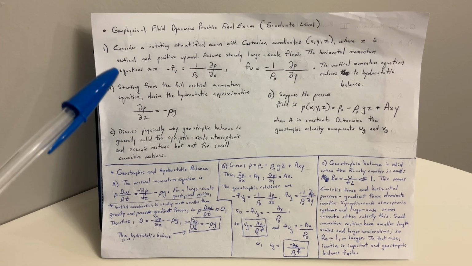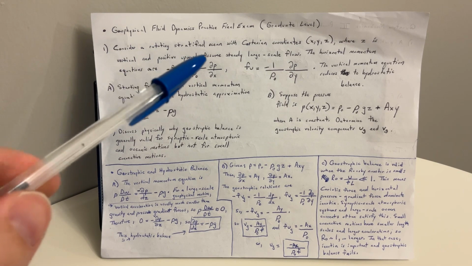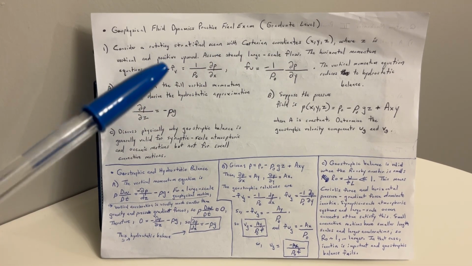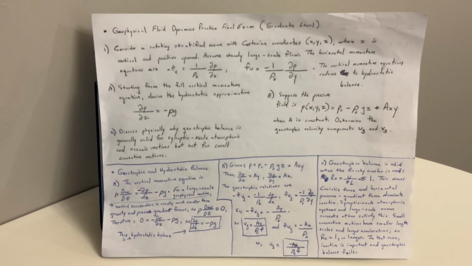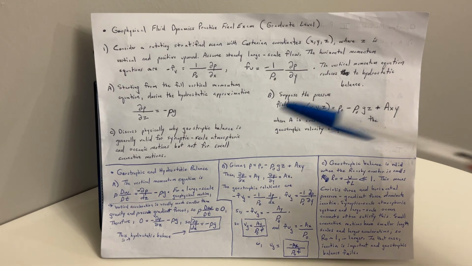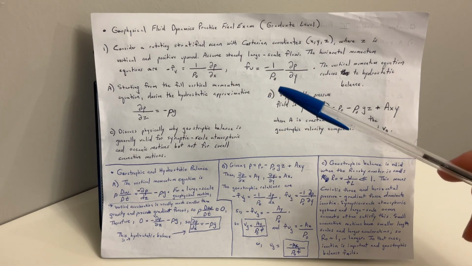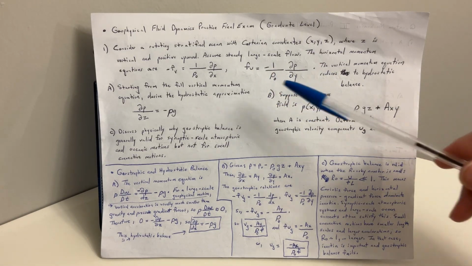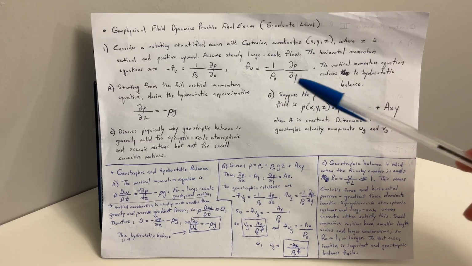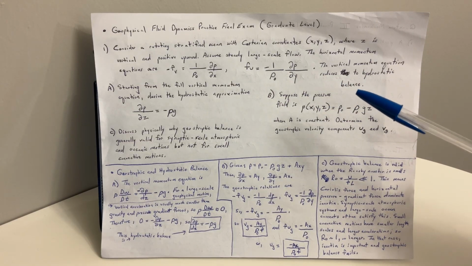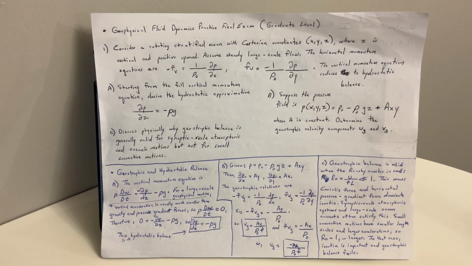Number one, consider a rotating stratified ocean with Cartesian coordinates x, y, z, where z is the vertical positive upward. Assume steady large scale flow. Horizontal momentum equations are for this negative f of v here, and for this f sub u here, and the vertical momentum equation reduces to hydrostatic balance.